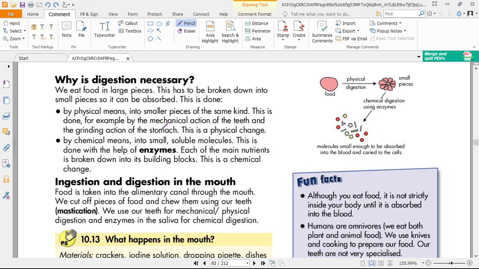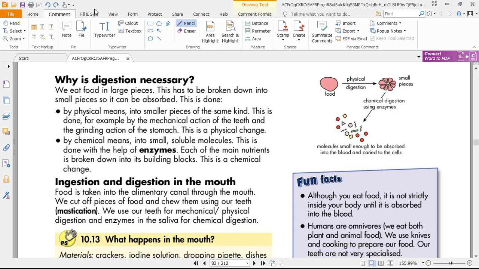Now, each of the main nutrients is broken down into its building blocks. So we have complex starch going down to glucose, and when you reach grade 9, grade 10, grade 11, you will touch this topic again. Protein is made up of a substance called amino acids.